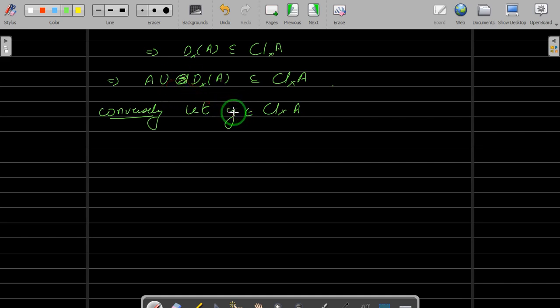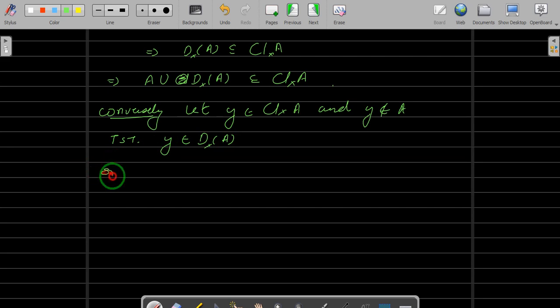If not, we have to show that this y belongs to derived set of A. So we will assume that this y does not belong to A. We have to show that this y belongs to derived set of A in X.